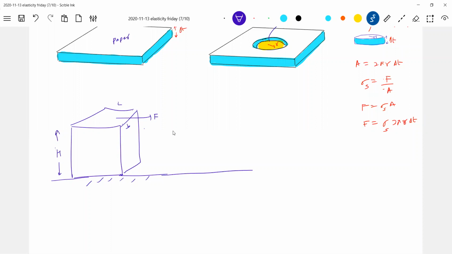I think we have already discussed it. Once again, I'm just bringing it. Then what will happen to the body? The body will undergo deformation. How much deformation? Theta.